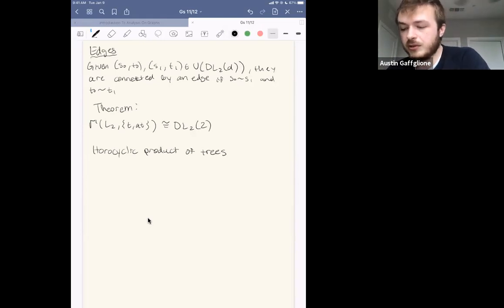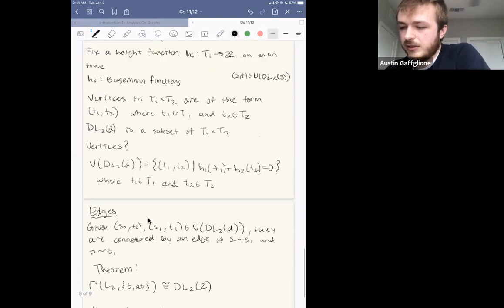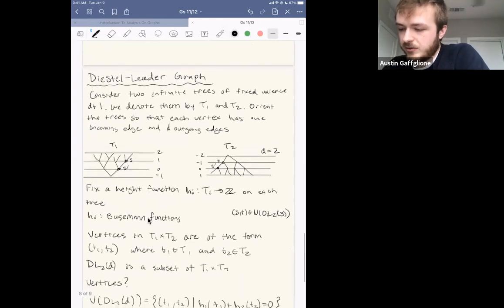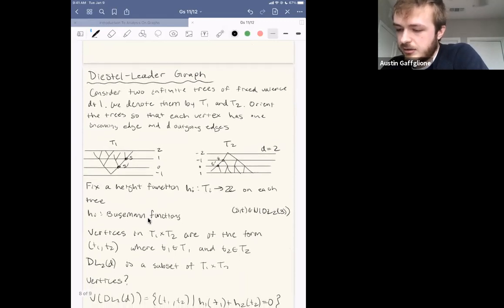Their height functions, the vertices in each tree evaluated with the height function, sum up to 0, and the edges correspond in this way. I actually get a horocyclic product. And then each of the horizontal layers in the picture is a horocycle.